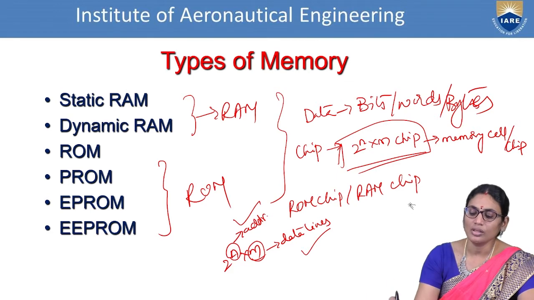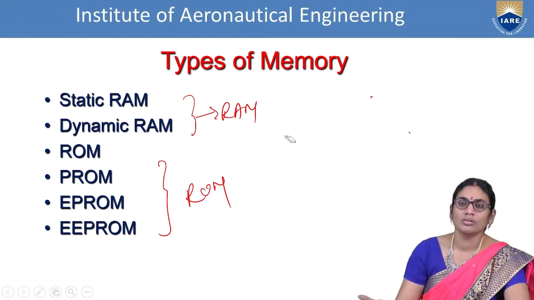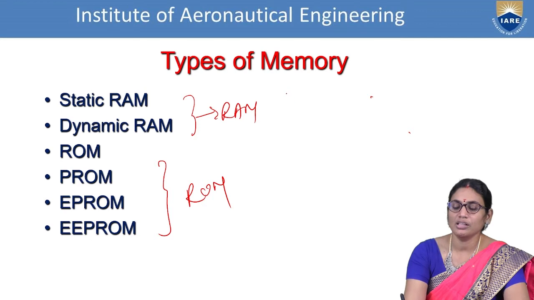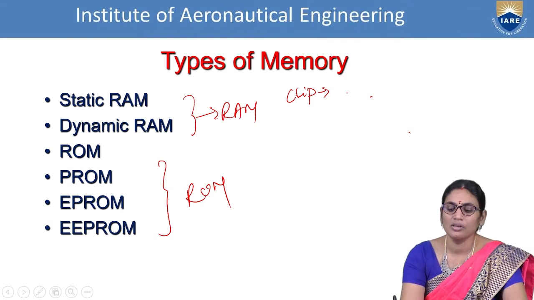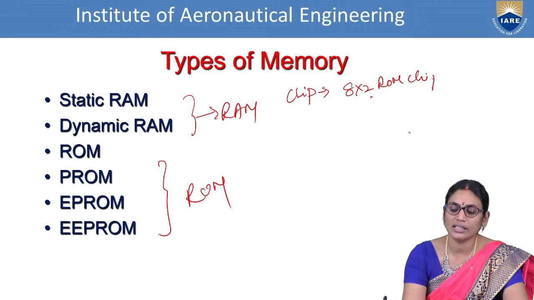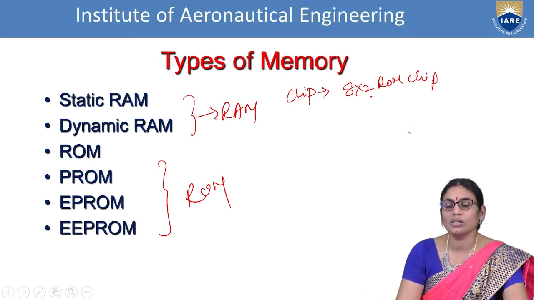Now, let us start with an example. We have said that we are defining the memory in the form of a chip. Now, we have a proposal to design a memory with respect to an 8x2 ROM chip. We'll consider this as an example and see how the memory is organized in such a way that data can be held.